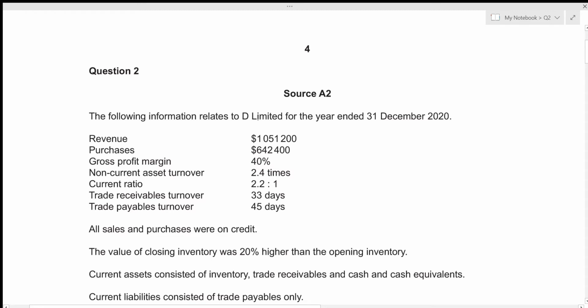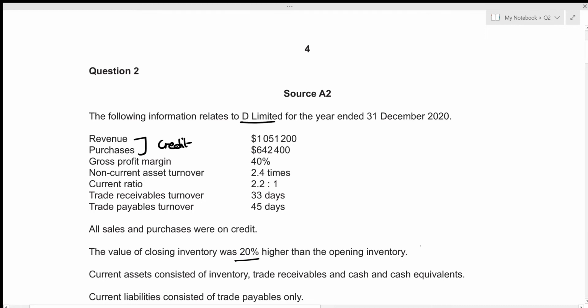The following information relates to D Limited for the year ended 31st December 2020. We are given the revenue, purchases, gross profit margin, which is 40%, non-current asset turnover, current ratio, trade receivables turnover, trade payables turnover, and we are told that all sales and purchases were on credit. So revenue as well as purchases both are on credit, and the value of closing inventory was 20% higher than the opening inventory.